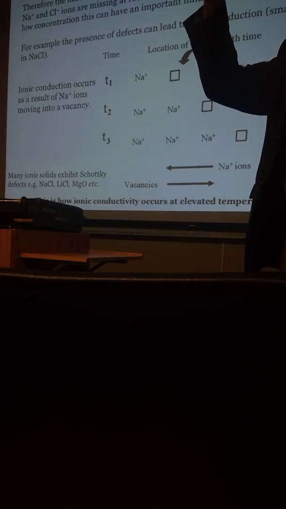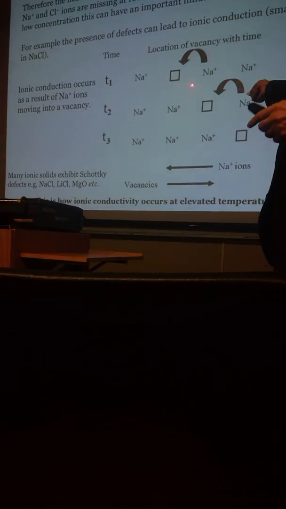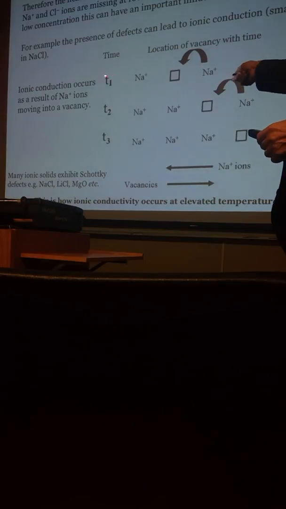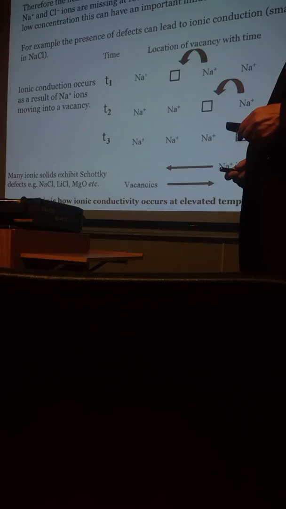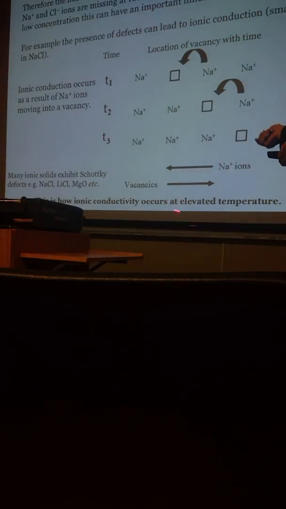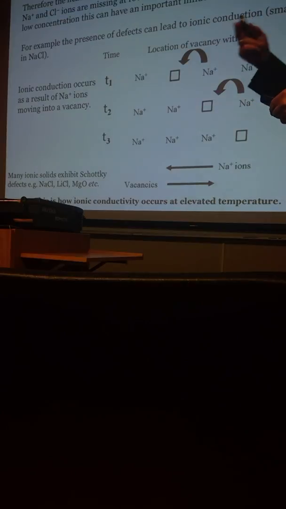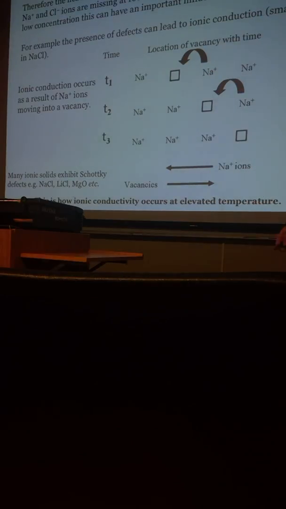So which is easier to move? The smaller guy is easier to move. So that's why sodium is the diffusant and makes the electrical, ionic conductivity. So size is why the electrical conductivity happens in this kind of case.